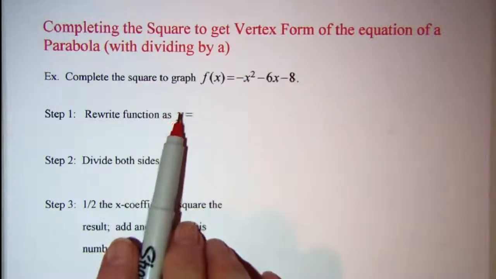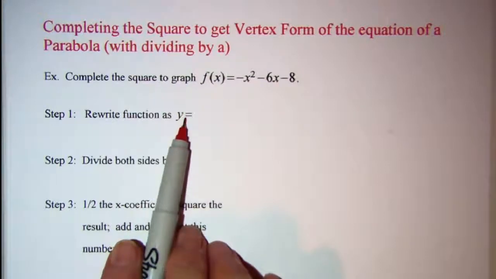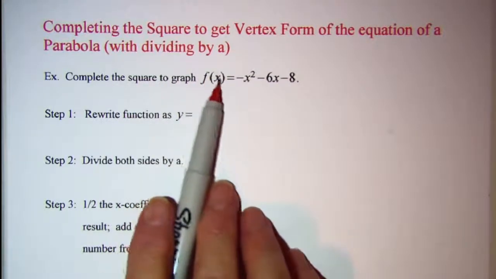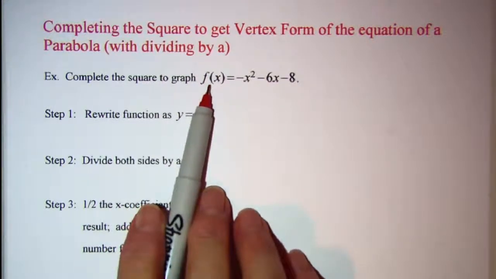So the first step is to rewrite our function as y equals. We know we can take f of x out and put in y.